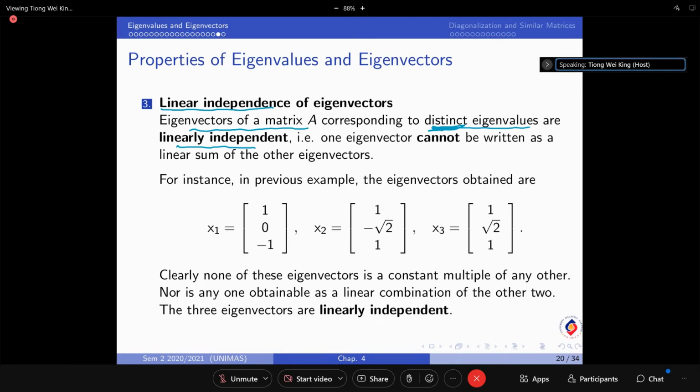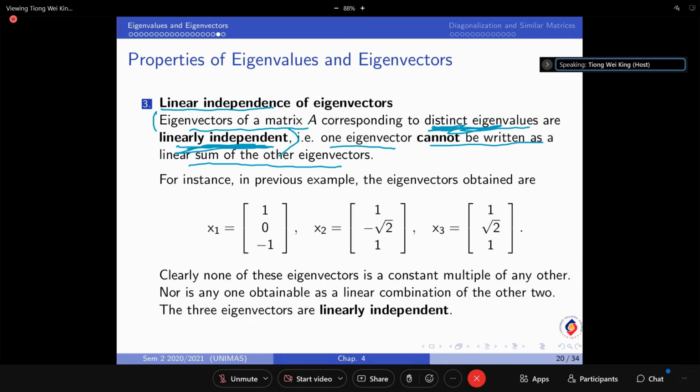This is a fact that you need to accept. What does it mean by linearly independent? It means one eigenvector cannot be written as a linear sum of other vectors.